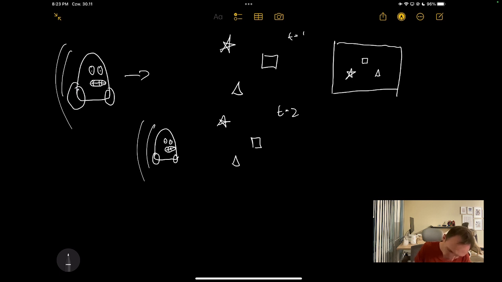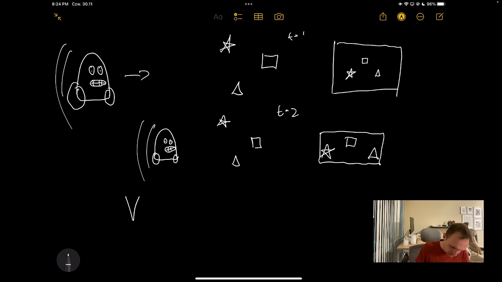And how it looks from the robot's perspective is probably something like this: the star just got way bigger and moved a little bit to the left. The square got bigger and is still kind of central, and the triangle moved a little bit to the right and is bigger, right? So this is what the robot sees at time equals 2.